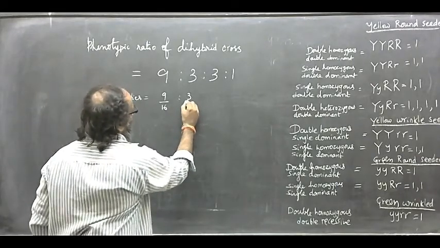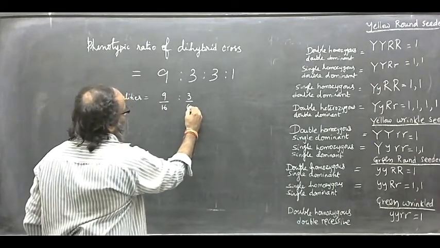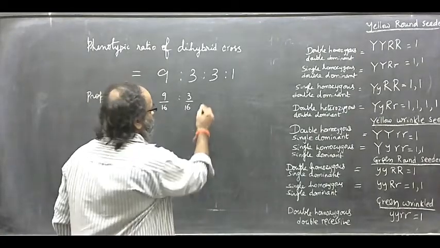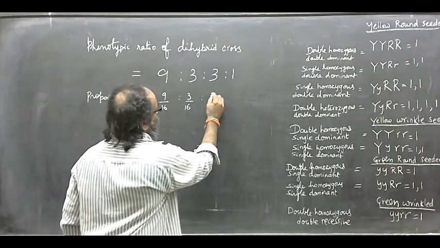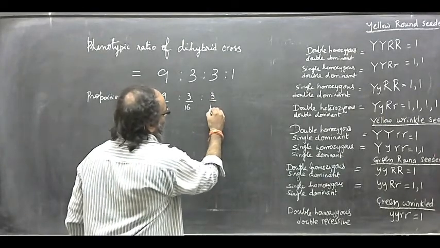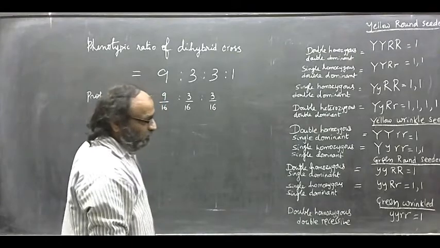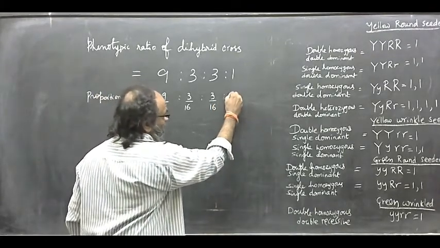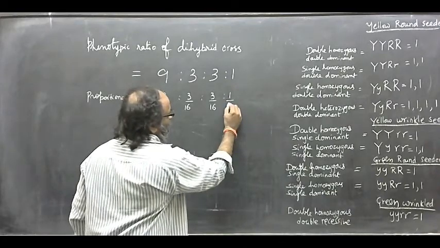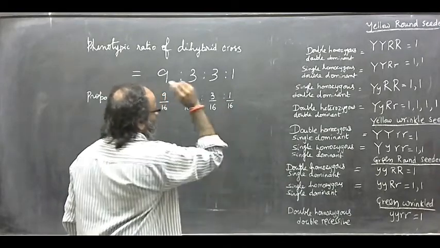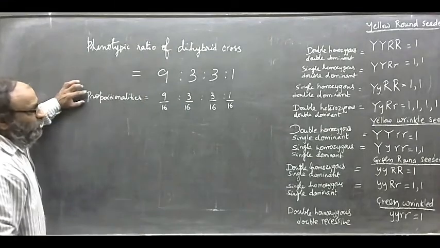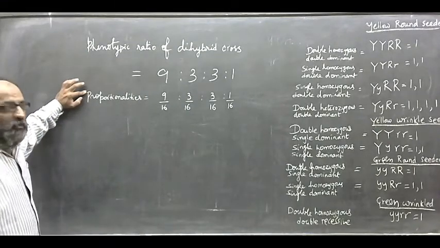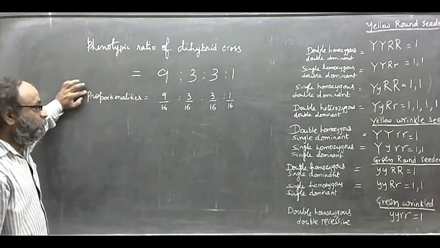These are the proportionalities, 3 by 16. And green round seeded plants are also 3 out of 16. And green wrinkled seeded plant is only 1 out of 16. So these are the proportionalities in dihybrid cross F2 generation.